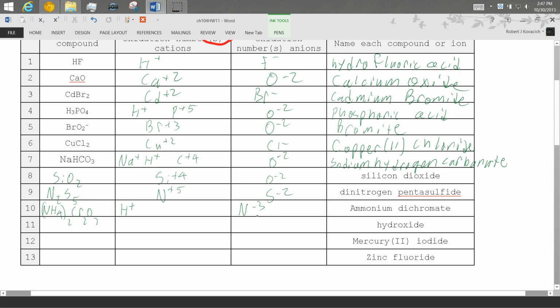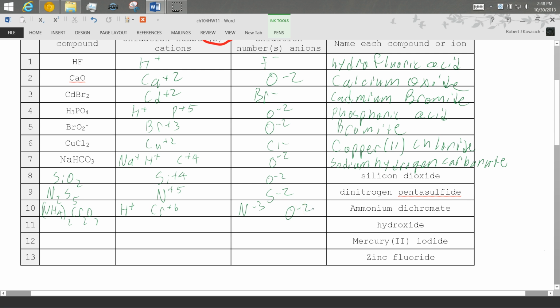And in my dichromate, I have to have a leftover -2, but I've got 14 negatives, 2 from each of the 7 oxygens. So if I gotta leave 2, that means 12 of them have to be canceled out. That means I have 2 chromiums that each have a charge of +6. So chromiums with a +6 and O's with a -2.